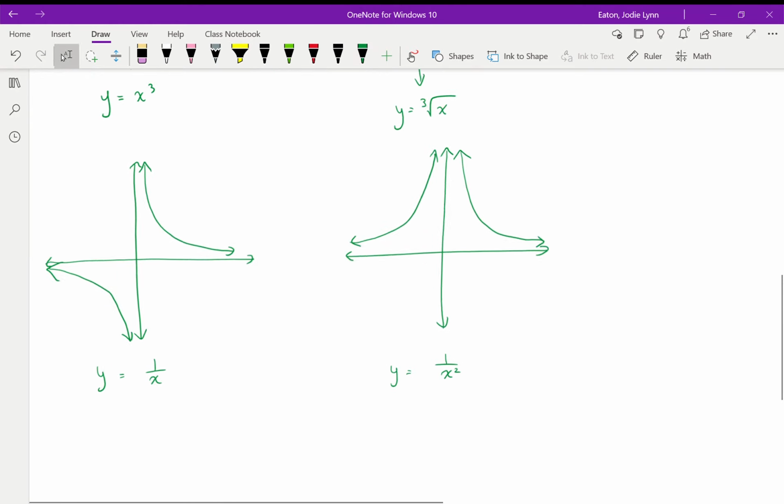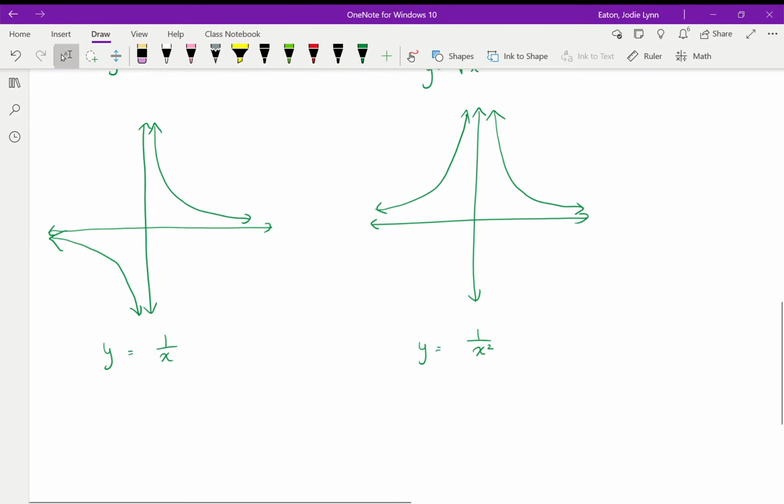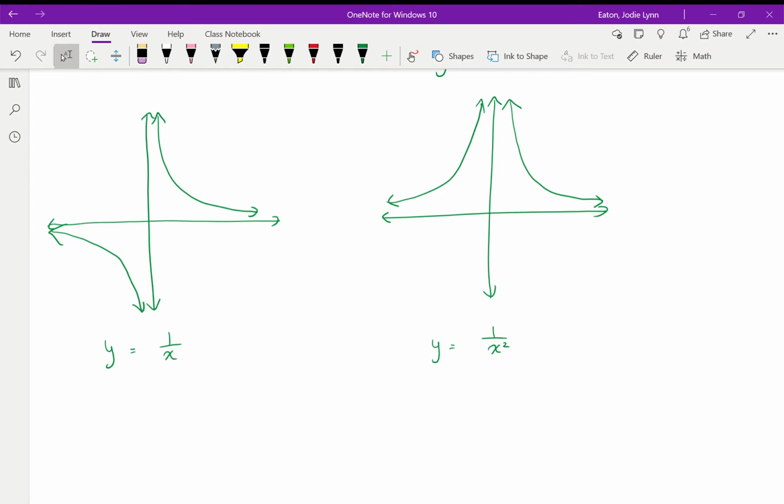So let's look at y equals 1 over x. We can see that as we get close to 0, if we take a walk along the graph, our y values are getting bigger and bigger as we get closer to 0. What this means is that as we plug in x's that are closer and closer to 0, the numbers get bigger and bigger.